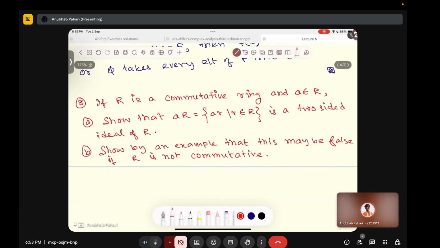So you can try this for 2-3 minutes, then we will again start.